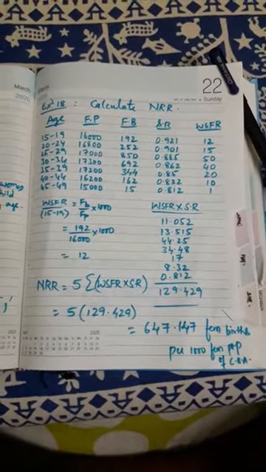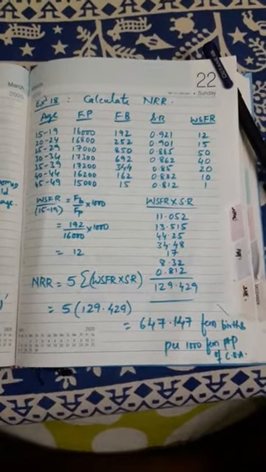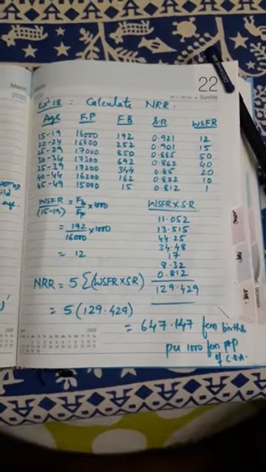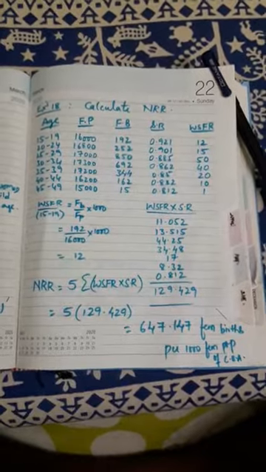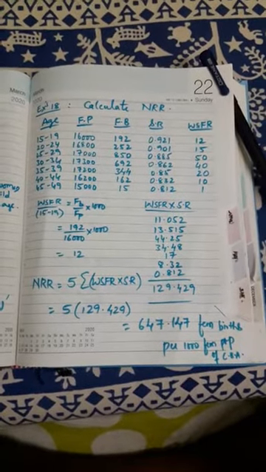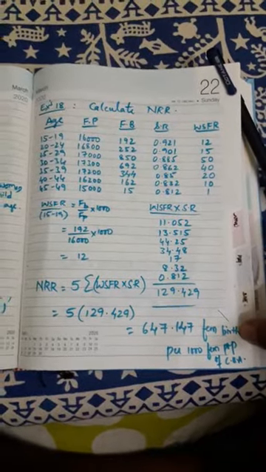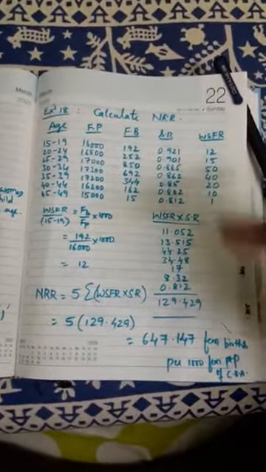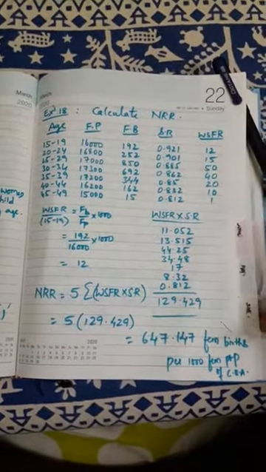I hope GRR and NRR, gross reproductive rate and net reproductive rate, are clear. In a simple manner I'll give you the brief difference between these two. The common point between GRR and NRR is that female births will be considered, correct? So far in fertility rates, these reproductive rates are refined fertility rates.